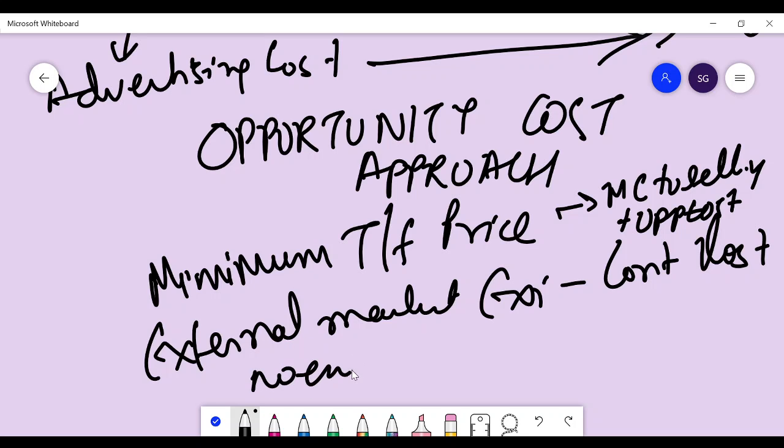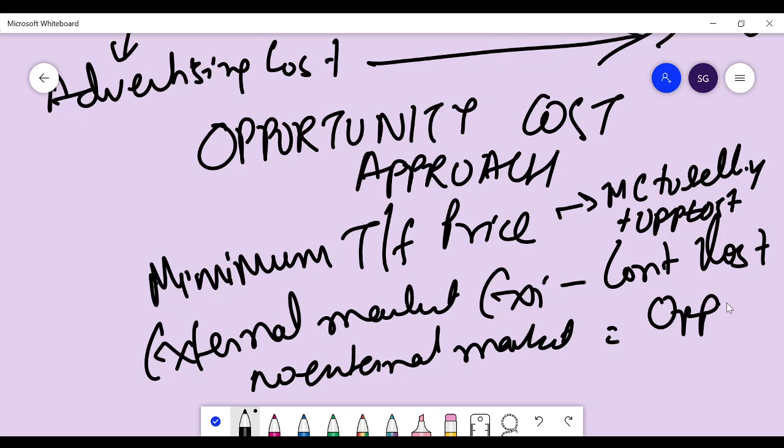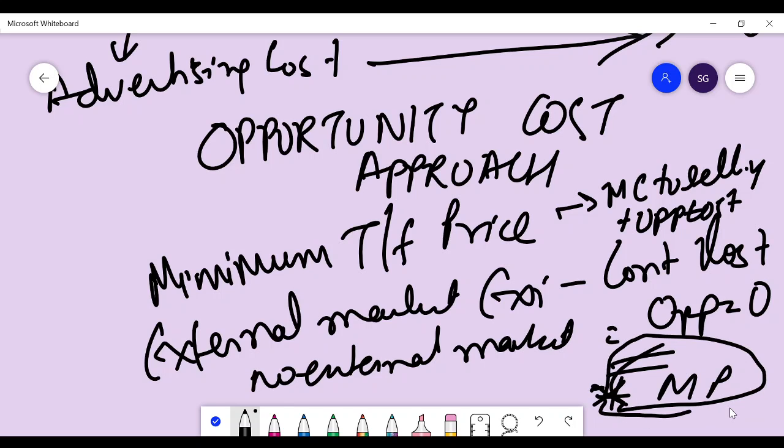If there is no external market, then opportunity cost is zero, and then if that price is more than the market price, then we will buy it from the market.